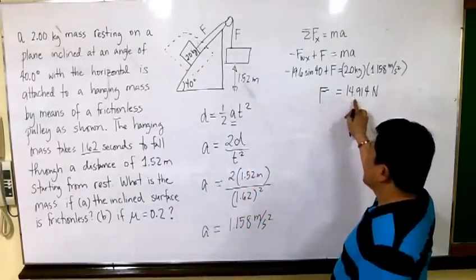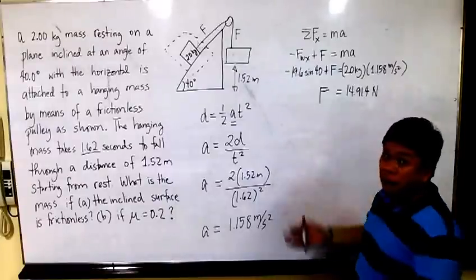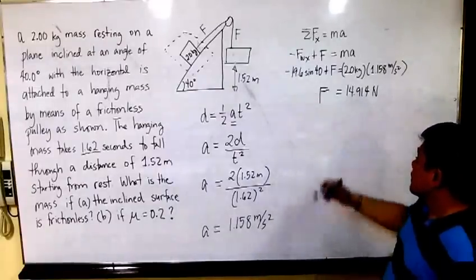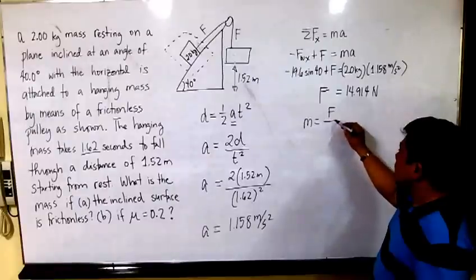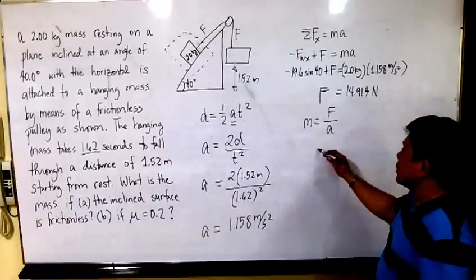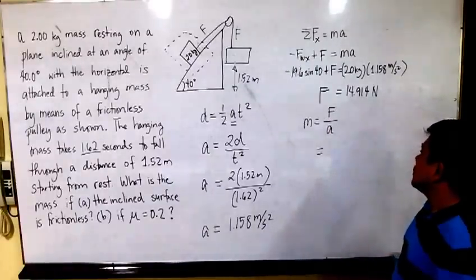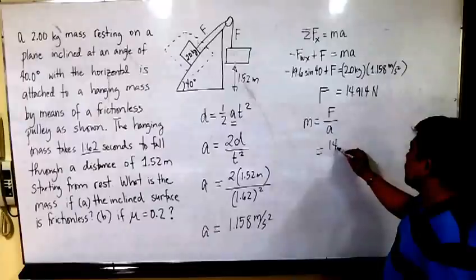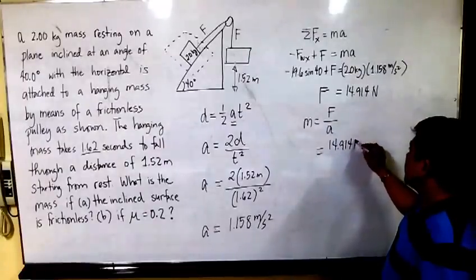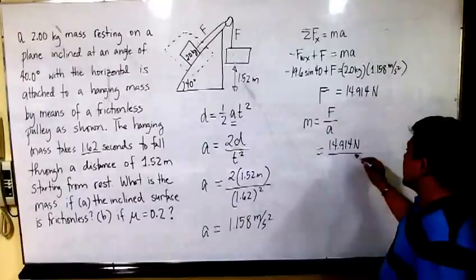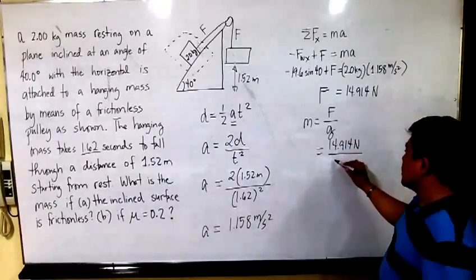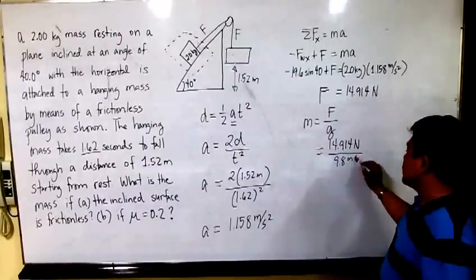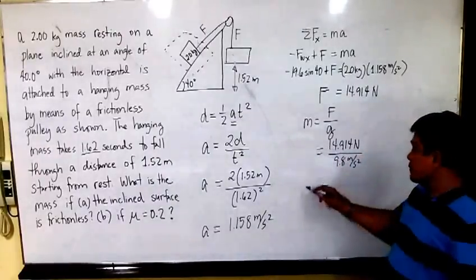So since this is the weight of the object, we can now look for the mass of that block. So the mass is equal to force divided by the acceleration due to gravity. Okay. So 14.914 newtons divided by 9.8 meters per second squared.